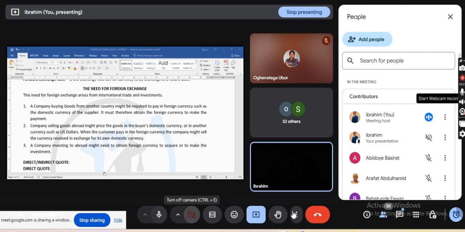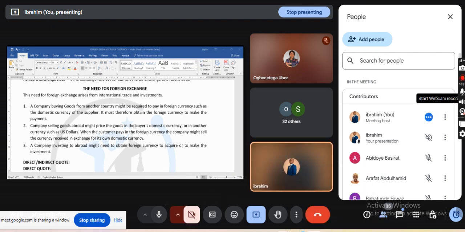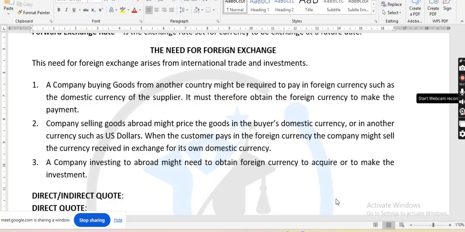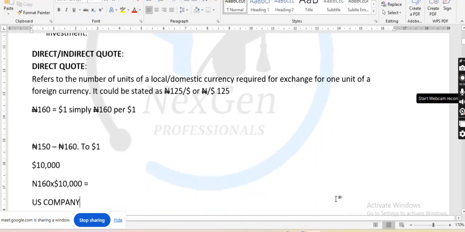Now we move ahead to direct and indirect quotes.